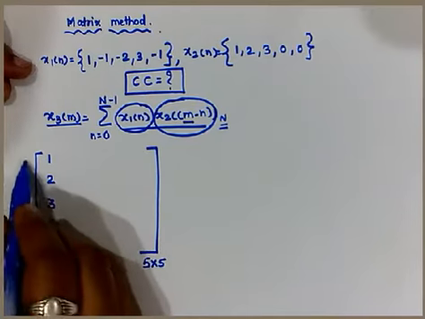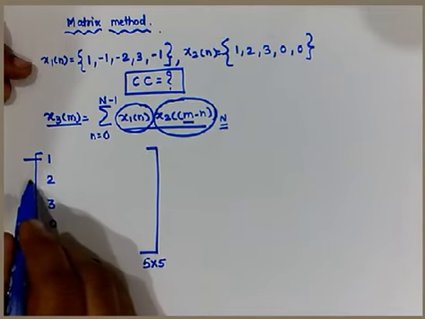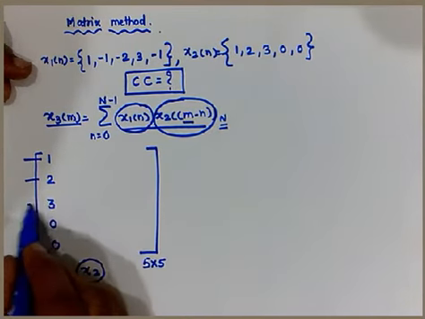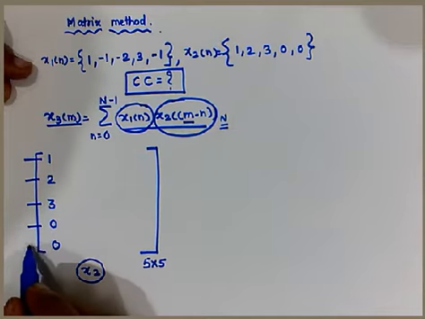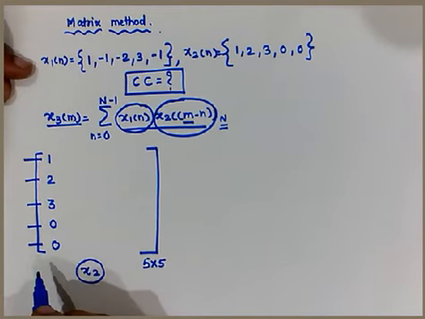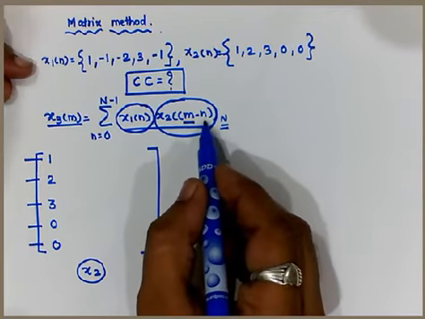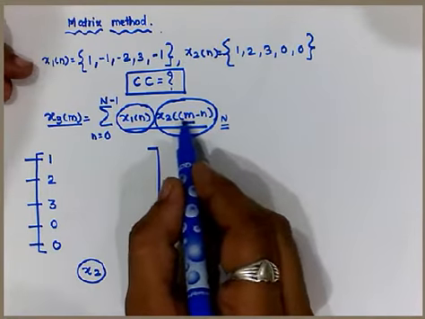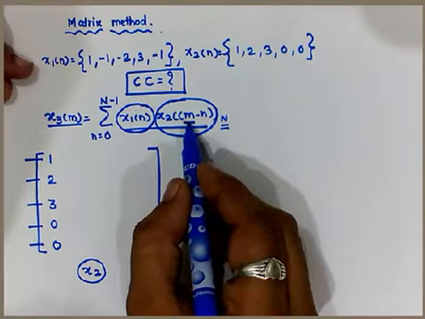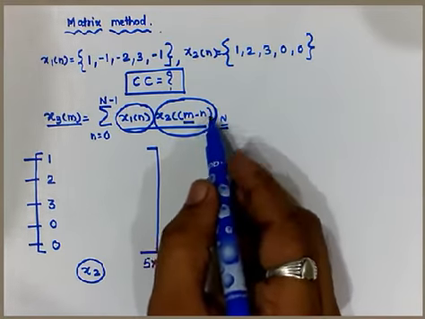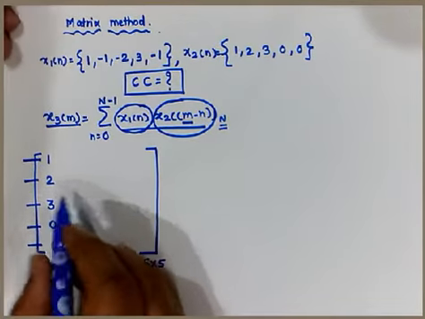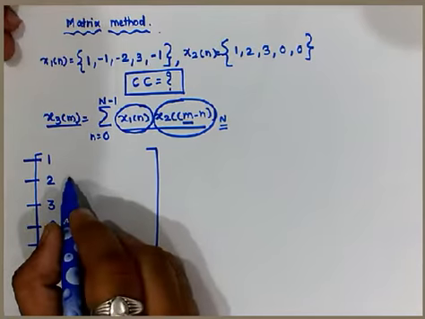So this 1 is x2 of 0, this is x2 of 1, x2 of 2, x2 of 3, and x2 of 4. As it is delayed by one position every time, m equal to 0 means minus n, m equal to 1 means 1 minus n. Here we are applying the same concept to provide the delay.